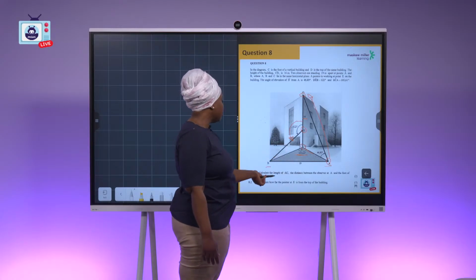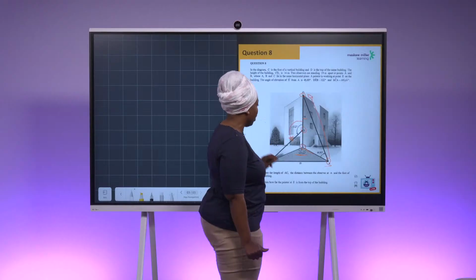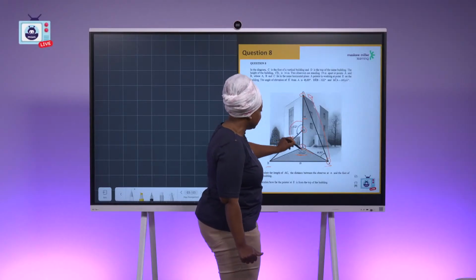Here they say calculate the length of AC. First you have to look at where AC is. AC is on two triangles: CBA or ABC, the bottom one, and also DCA.